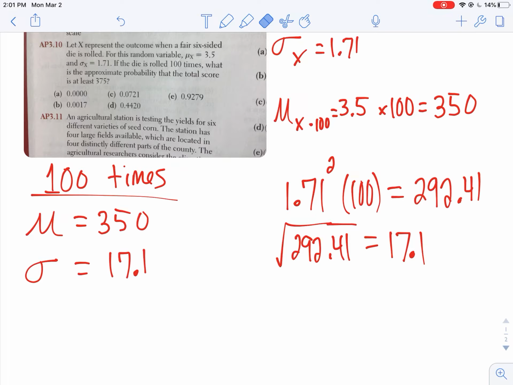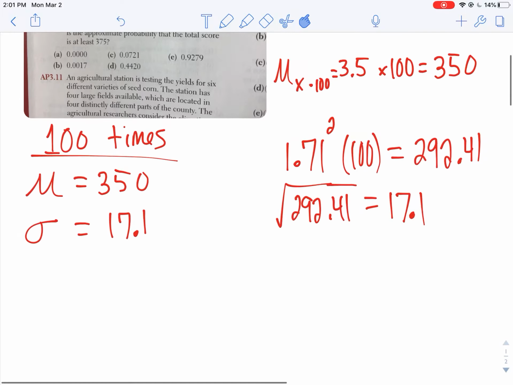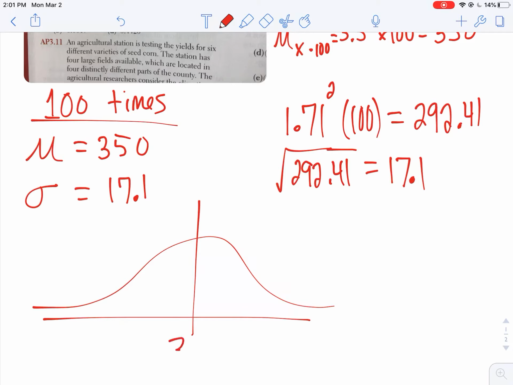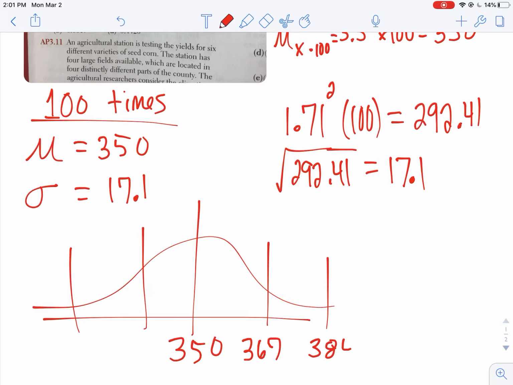So I'm going with a nice little normal distribution. Average is 350, standard deviation of about 17.1, so I'm going to keep it very basic. As you notice, I'm not even rounding for this. I'm just doing this so I can get a basic idea of where I'm going with it.